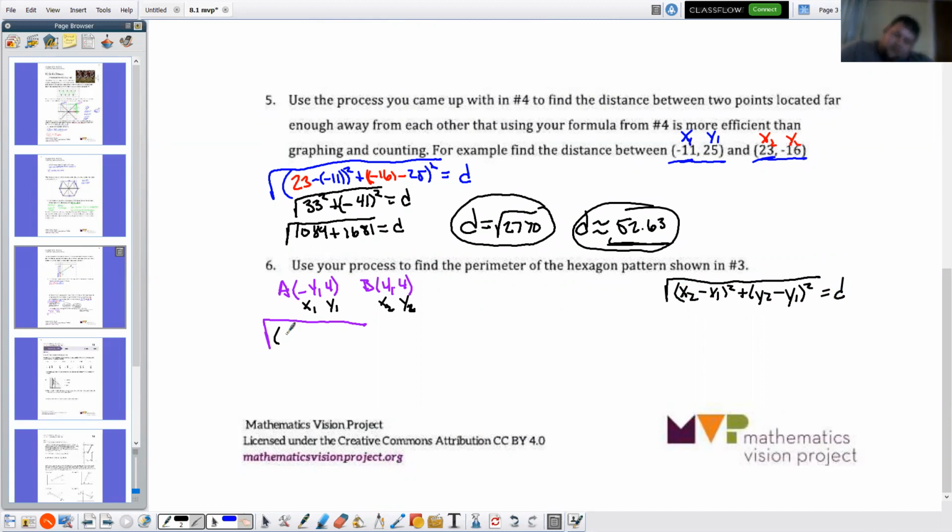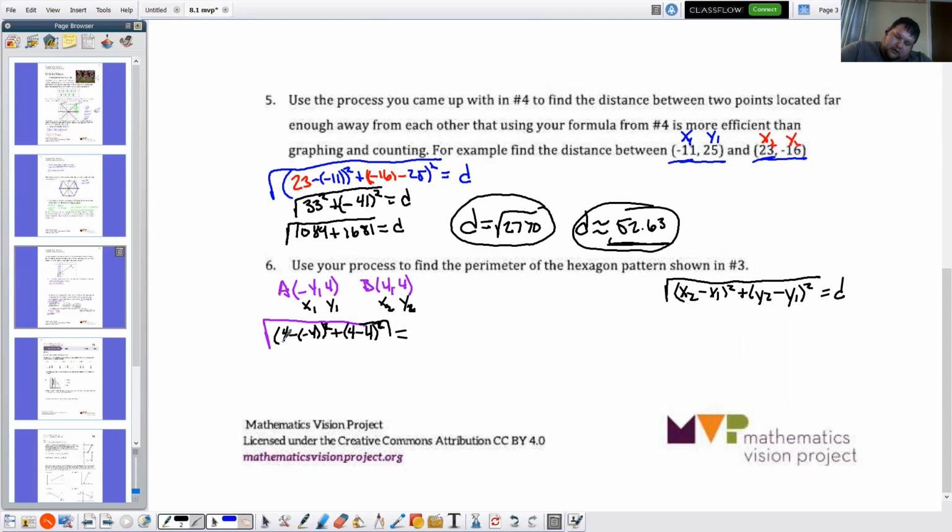So we have x2 is 4 minus -4 squared. Plus y2, 4 minus 4 squared also.